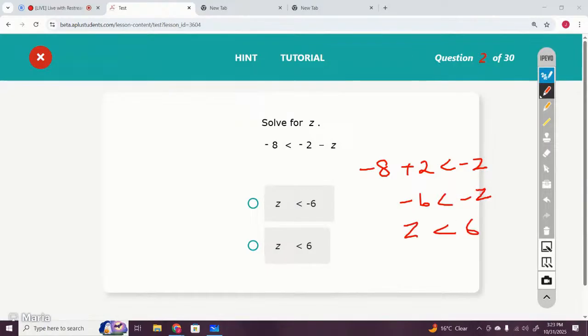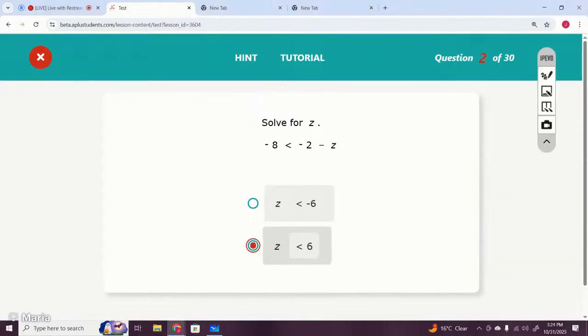Option number 2 is the correct option. Z is less than 6.